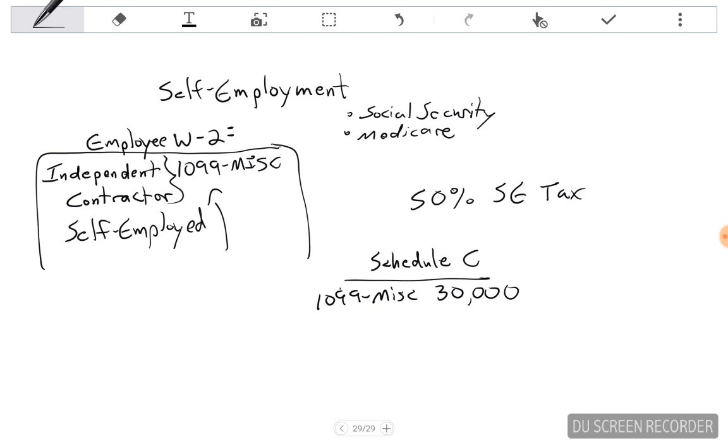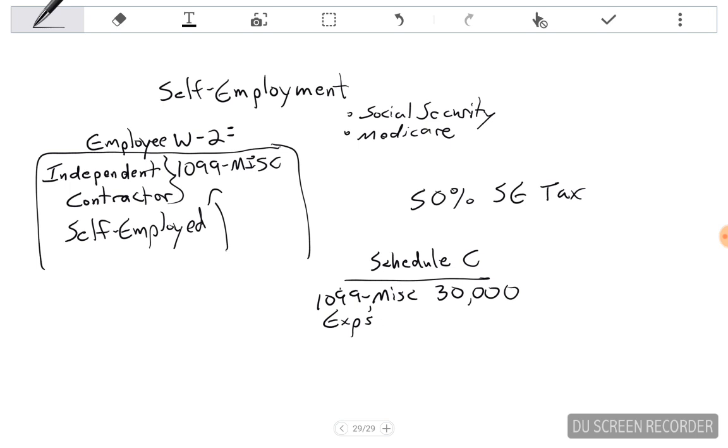So if they say you need to buy this and that, or you need to travel somewhere, the government wants you to be accountable, prepare expense reports, submit them to your employer for review, and then if your employer approves those expenses, they'll reimburse you for them. But if you have your own business, you've got more expenses that you can deduct.